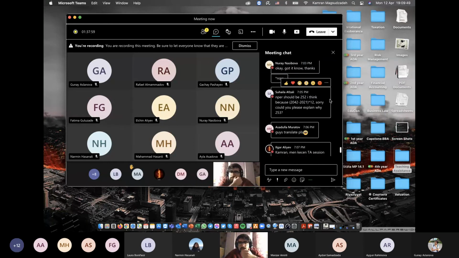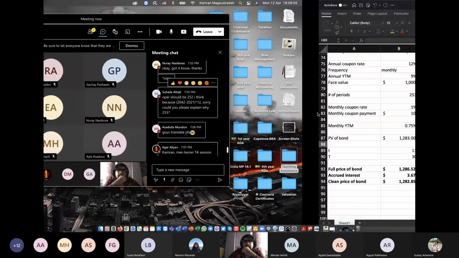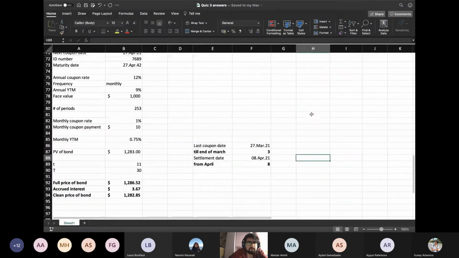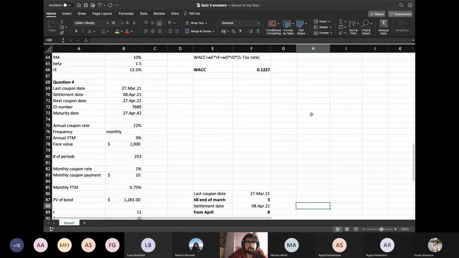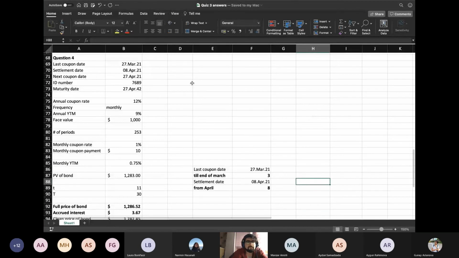Shuhaila says number of periods should be 2, I think, because... Okay, Shuhaila, look at here. We need to find number of months difference between last coupon date and maturity date.